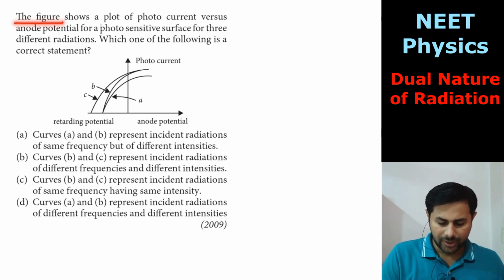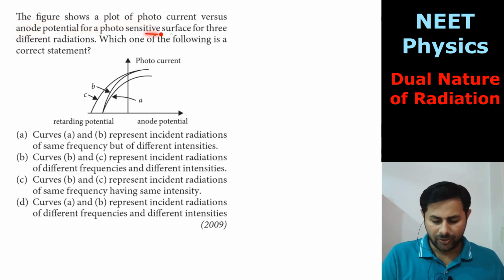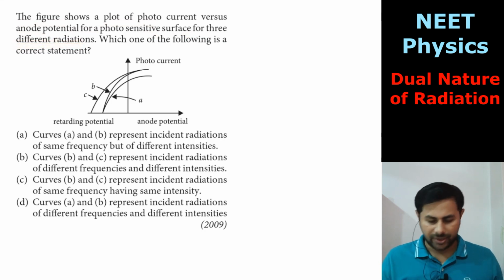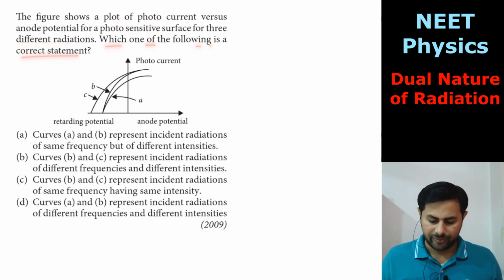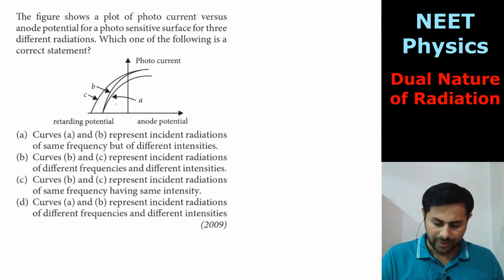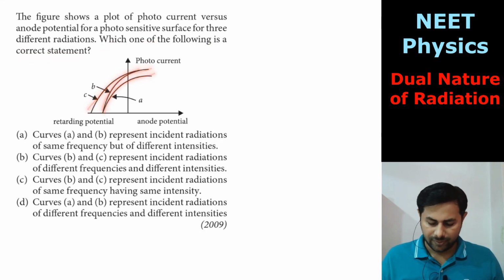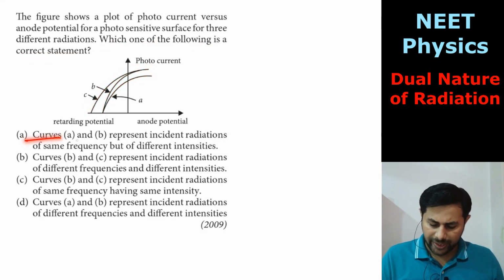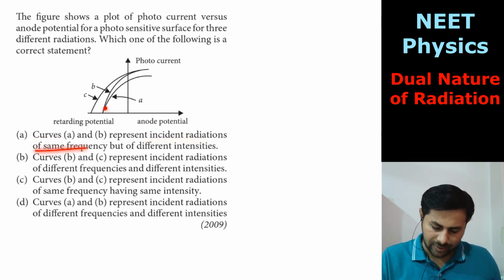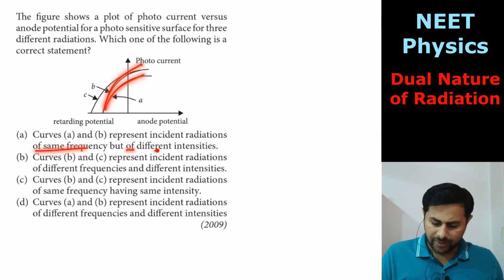The figure shows a plot of photocurrent versus the anode potential for a photosensitive surface for three different radiations. Which one of the following is a correct statement? This is for radiation A, this is for B, this is for C. So curves A and B represent incident radiations of same frequency but different intensities.